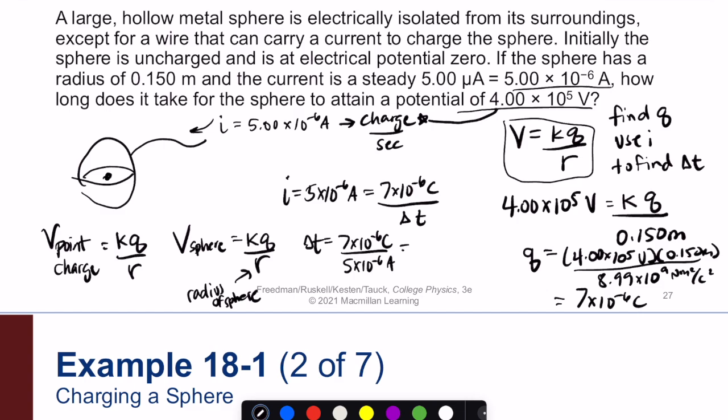That's going to give us units of seconds, and that comes out to be 1.4 seconds. So it's going to take 1.4 seconds for us to charge up the sphere to a potential of 4 times 10 to the 5 volts if we're charging it at a rate of 5 microamps.